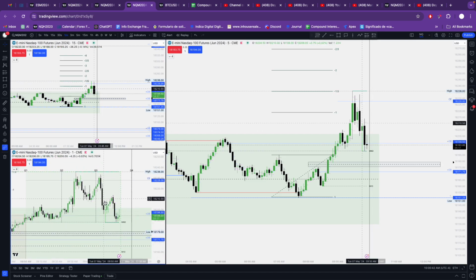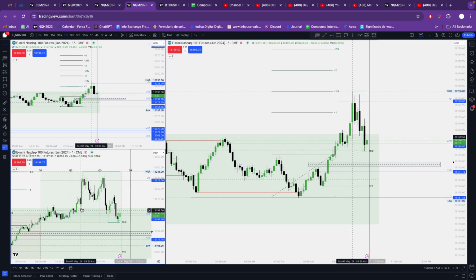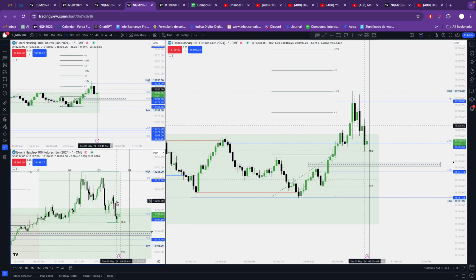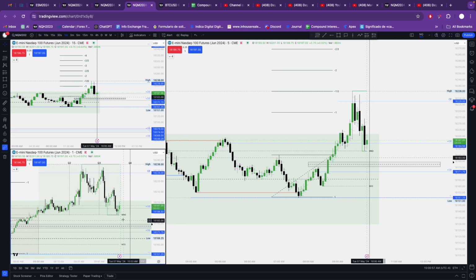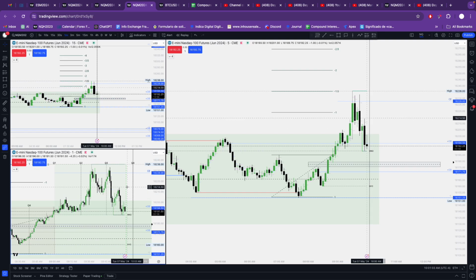So looking from here to here, we're still kind of stuck within this range here. Now we're below it. So we did come from a premium, run down, stage one, boom. Maybe we could get stage two here, continue coming down to the downside.